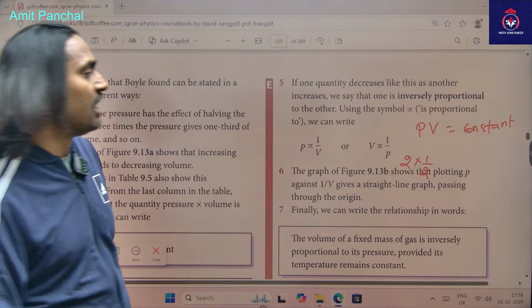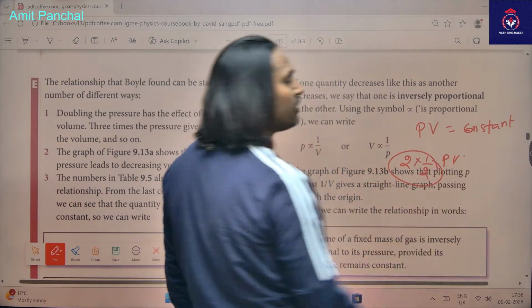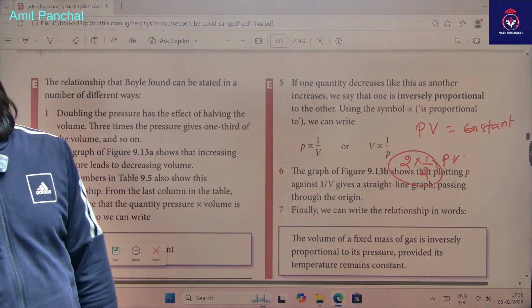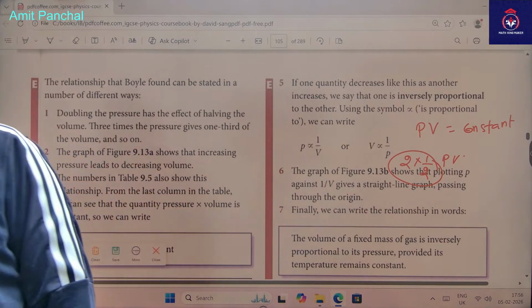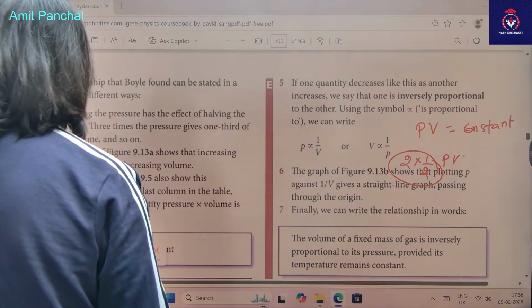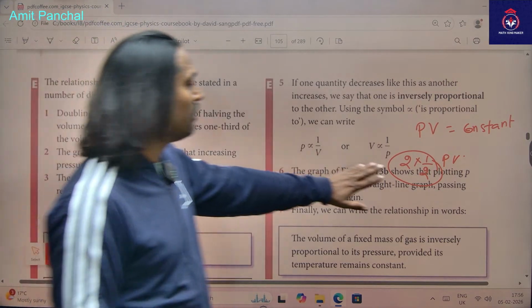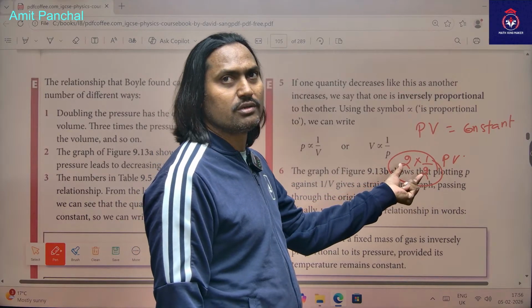Then only it will be constant. In whatever ratio your pressure is increasing, in that ratio your volume is decreased, because they should cancel each other.